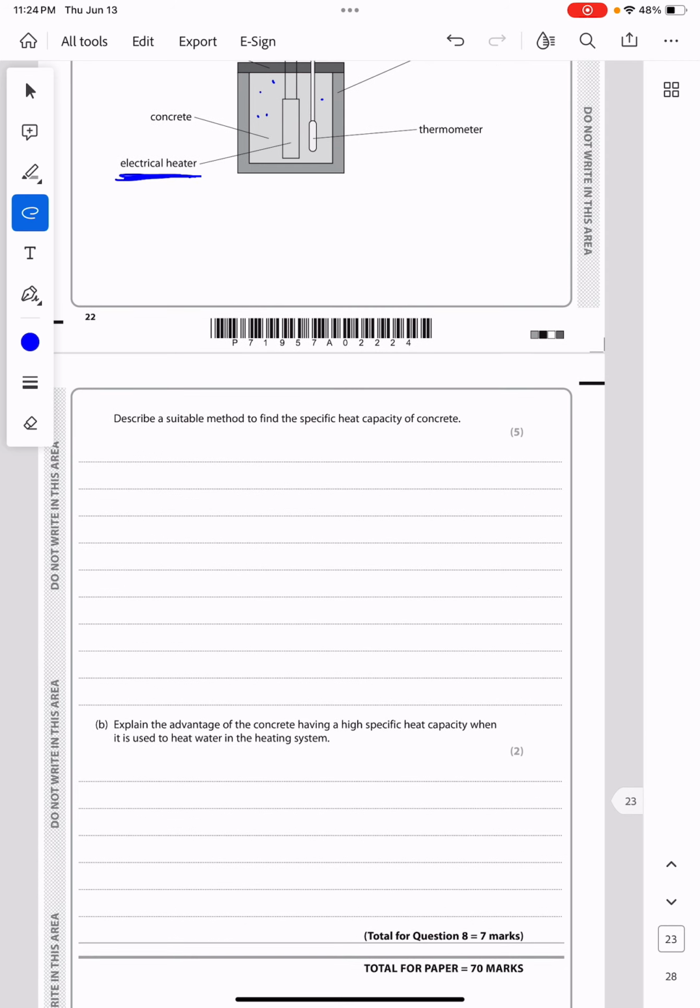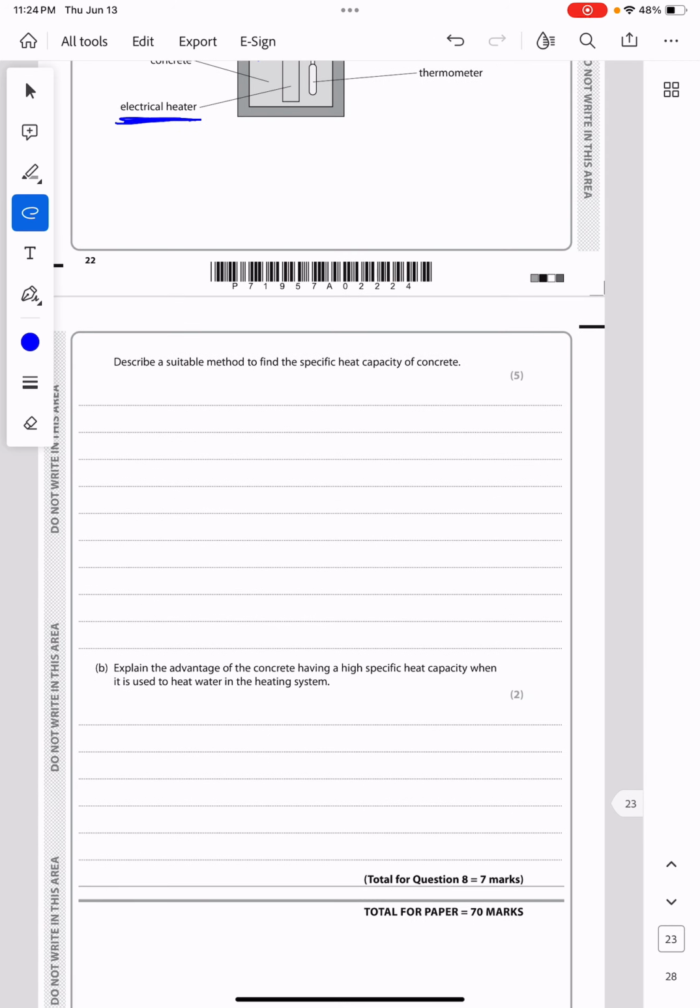So let's read the question. Describe a suitable method to find the specific heat capacity of concrete. Now, when you want to find a specific heat capacity and you just don't know where to start, also these are 5 marks to try to collect, here's the first step you do. Write down the formula to find the specific heat capacity.